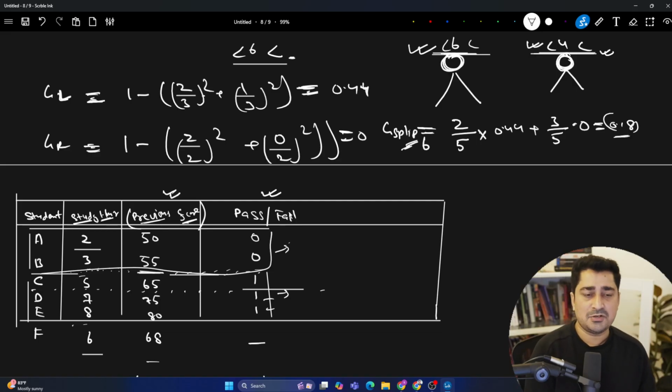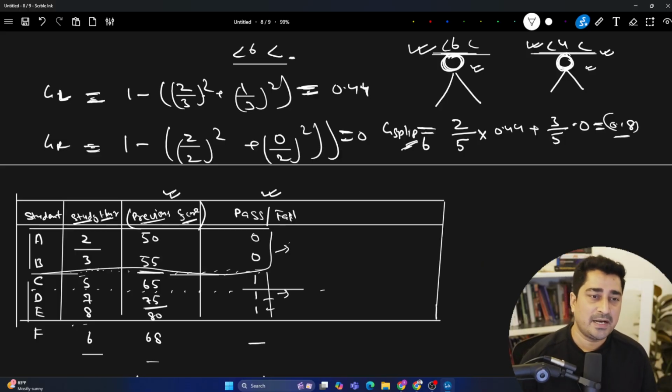I can even try to perform that operation. Anyone can be a candidate for the root over here, right? A score lesser than 60 and greater than 60, or maybe a score lesser than 70 and greater than 70.